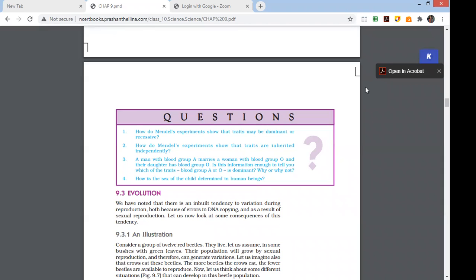The trait that he observed, he called dominant. And the other one that was not allowed to express was called recessive.